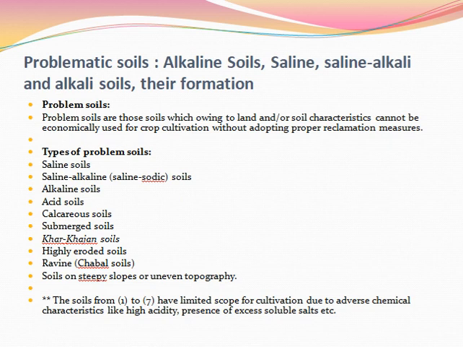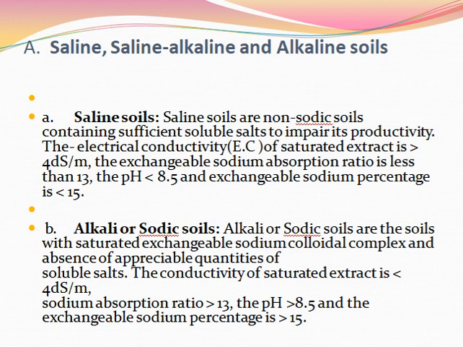What do you mean by reclaiming measures? We will study the reclaiming measures in the management of problematic soils. First, let us know what is meant by saline soil, saline alkali soil, and alkali soil.